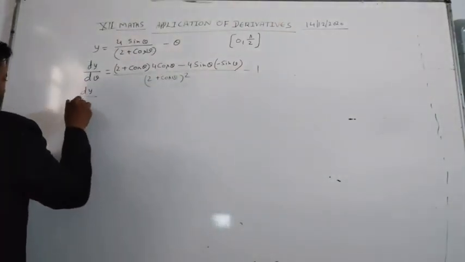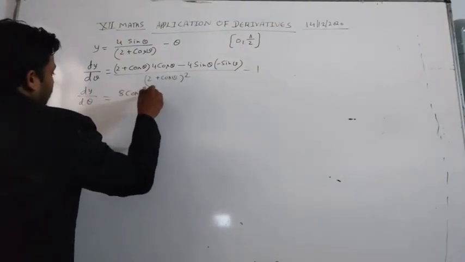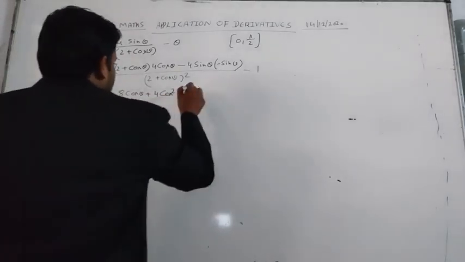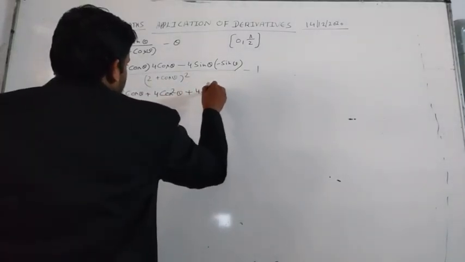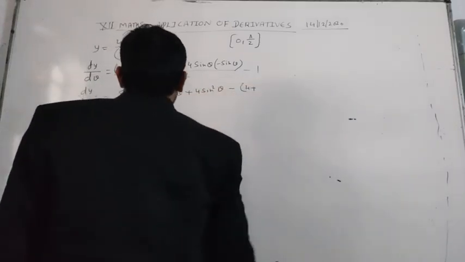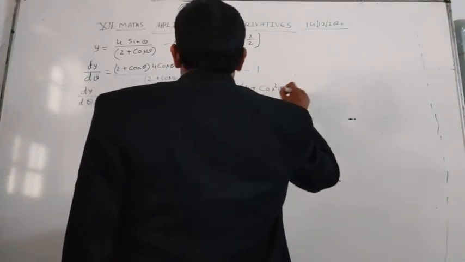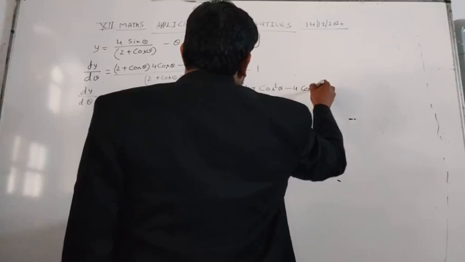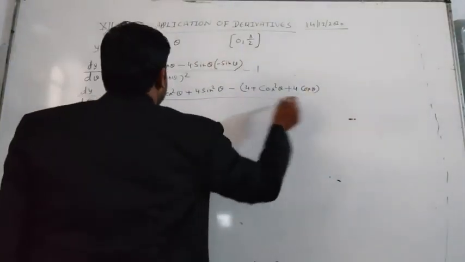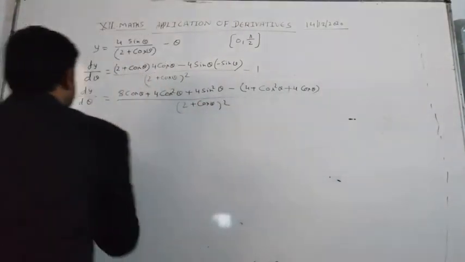So dy by d theta is 8 cos theta plus 4 cos square theta plus 4 sin square theta minus 4 plus cos square theta and minus 4 cos theta. Okay, now divided by 2 plus cos theta whole square.